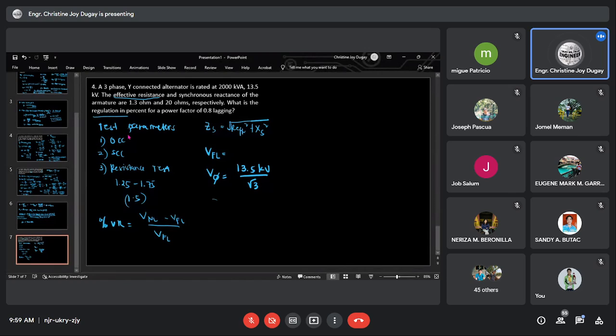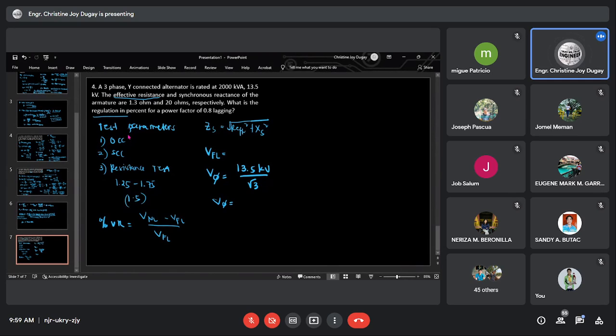So what is the V phase po natin? Kunin po natin ang per phase kasi naka-per phase po mga yan. Effective resistance and the synchronous reactance is in per phase. So per phase po ang kailangan natin dito, no?